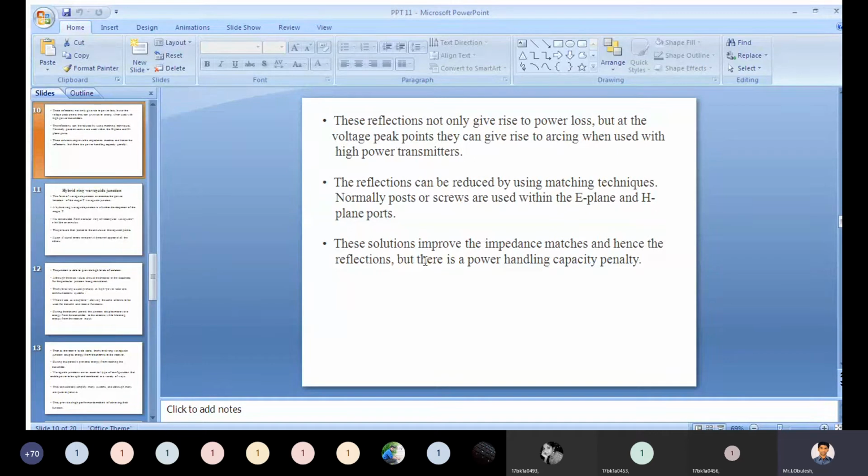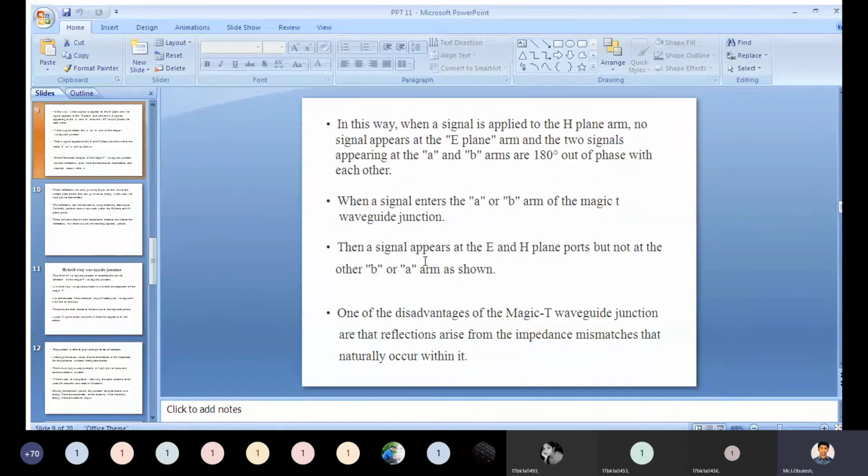These are the solutions for improving the impedance matching and hence the reflections, but there is a power handling capacity penalty that will be happening inside this.